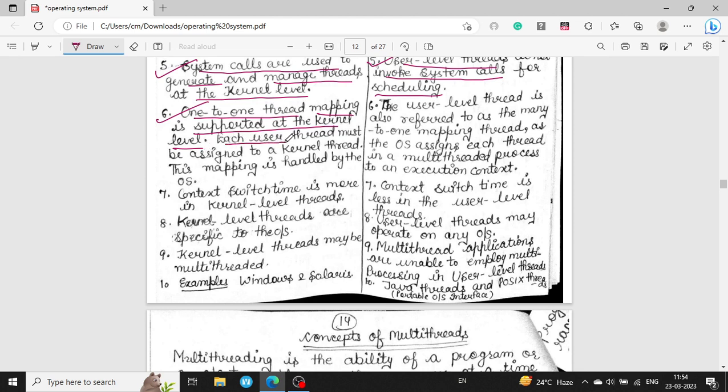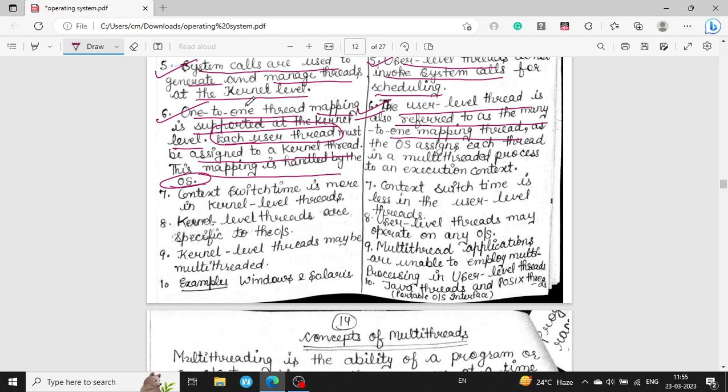Each user thread must be assigned to a kernel thread, and this mapping is handled by the operating system. While on the other side, the user level thread is also referred to as the many to one thread.